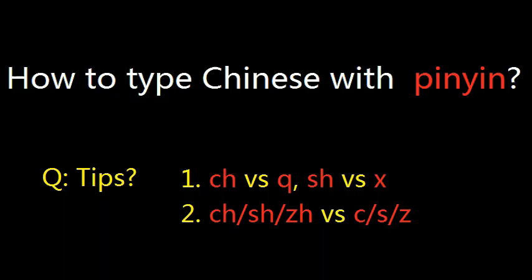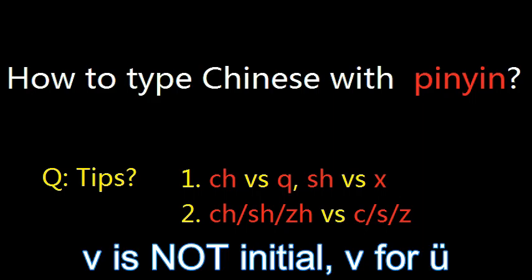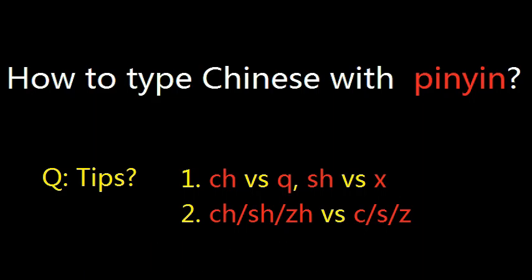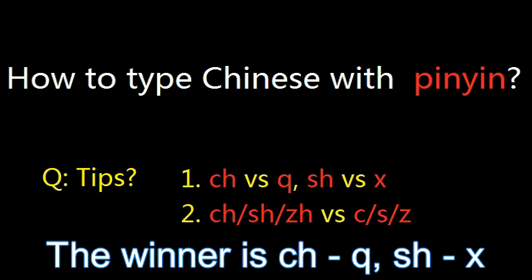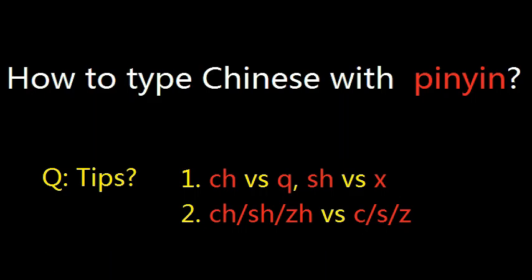Third, some are not used, like letter V is not used as a consonant. Instead, it is used as a vowel to represent a special character U. Most of the mistakes come from the second one, which is CH for Q, SH for X. To avoid this mistake, it's very easy.